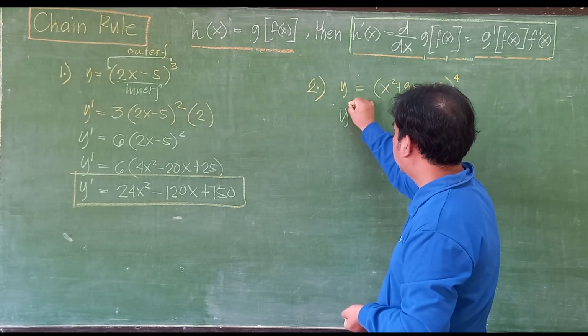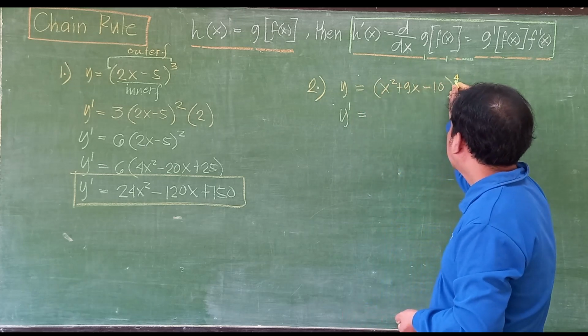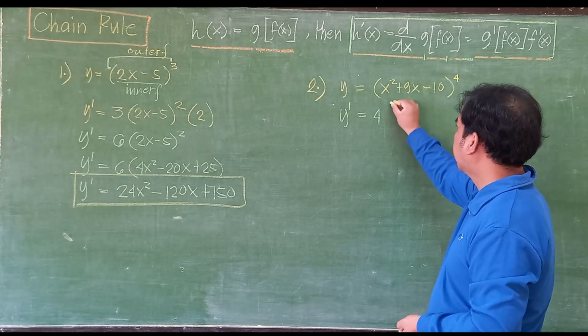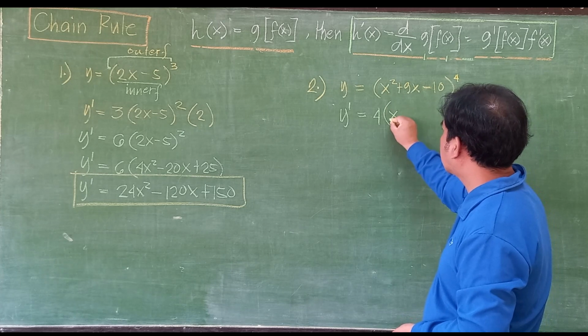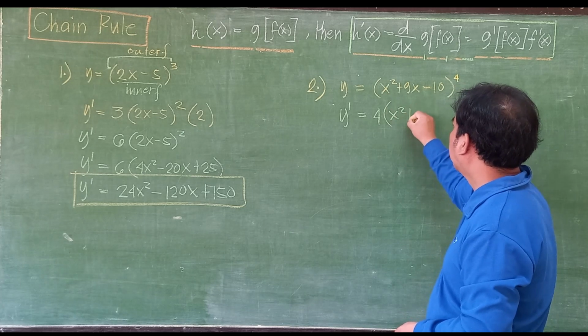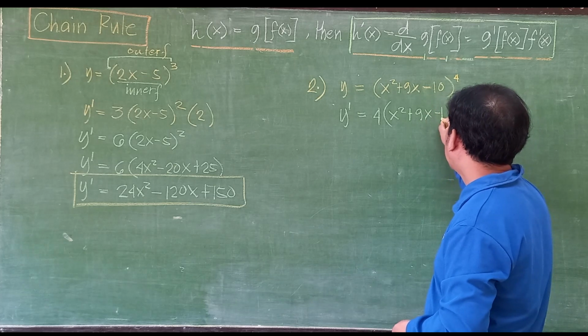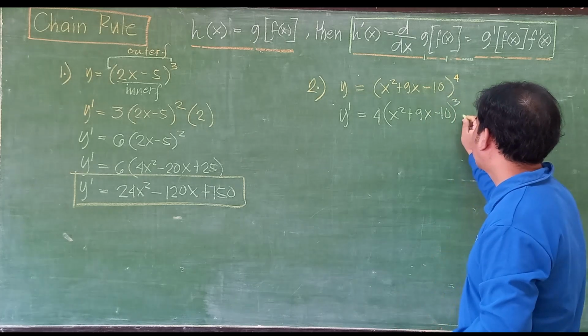You can have y prime, our function g of x, that is 4, multiplied by the inner function, x squared plus 9x minus 10, which is raised to 3.